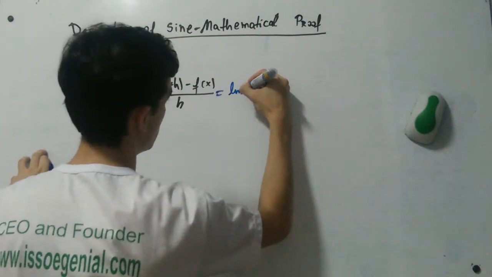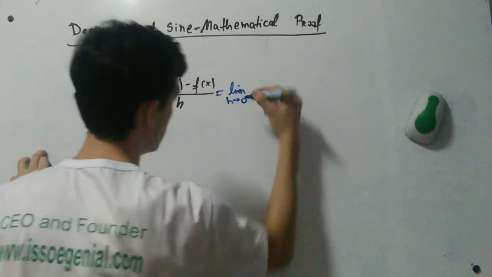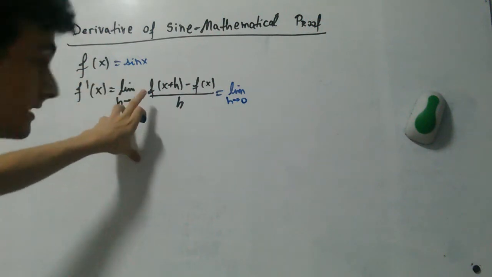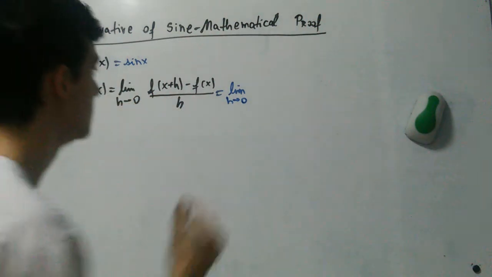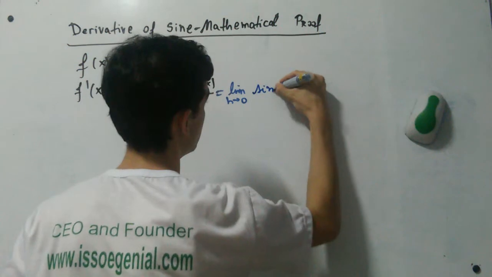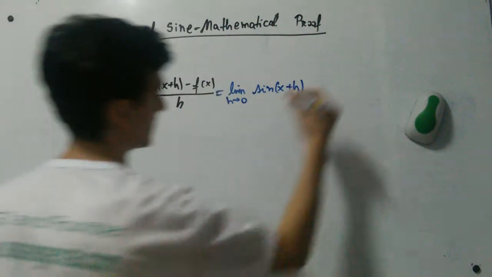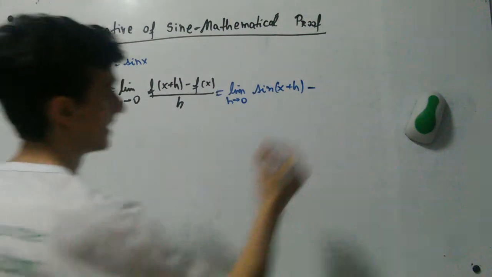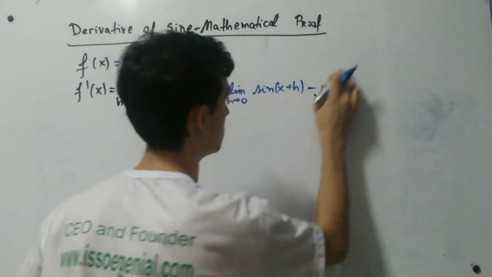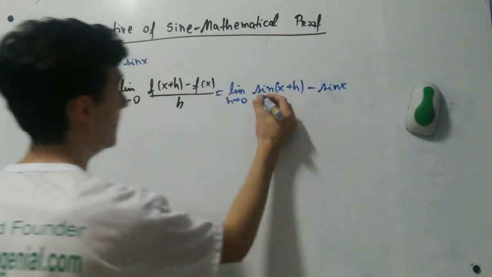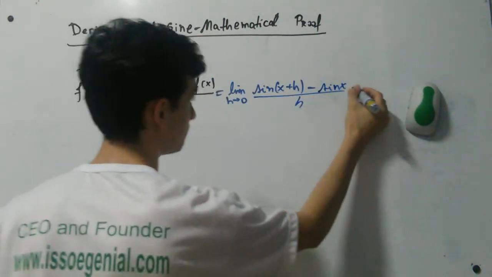This is equal to the limit when h approaches 0 of f of x plus h, which is the sine of x plus h, minus f of x, which is sine of x, and divided by h.